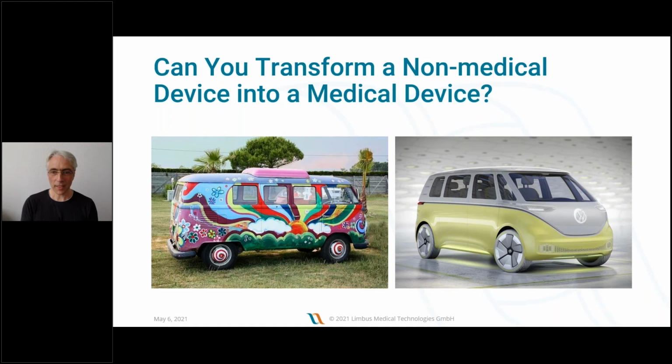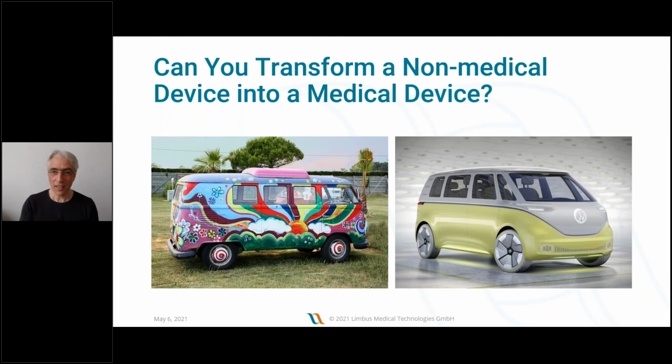It's rather the fact that the car or the device on the left has been customized very much to the needs of the user. It has been modified many times. It works very well, but if you consider this being a piece of software, it is now very difficult to actually document that it's still compliant with regulations.